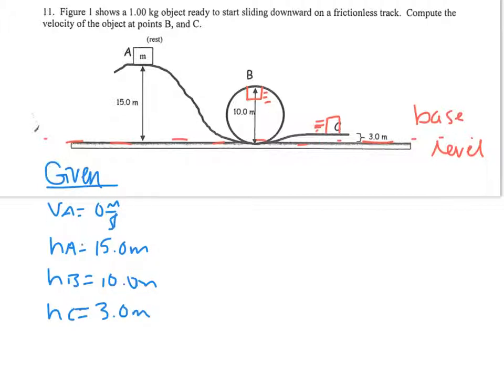And what's it asking us to find? Speed at B and speed at C. And I'm sorry, we also do know that the mass is 1 kilogram. So I'm going to make the energy bar charts on the next page, just so that we have room. We need 3 of them now.